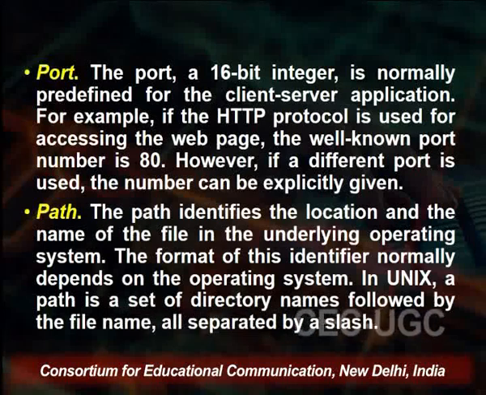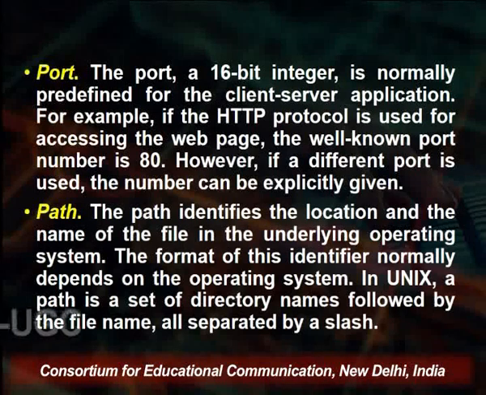It will depend upon the operating system: a Unix operating system will have its own directory structure and directory names, and the format of giving the file path will be different. If it is Windows, then it is going to be different. Path is the list of directories from top to bottom, followed by the file name.